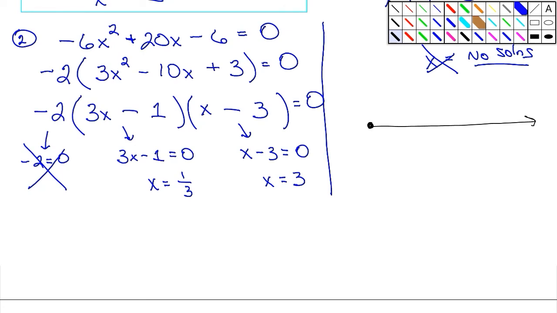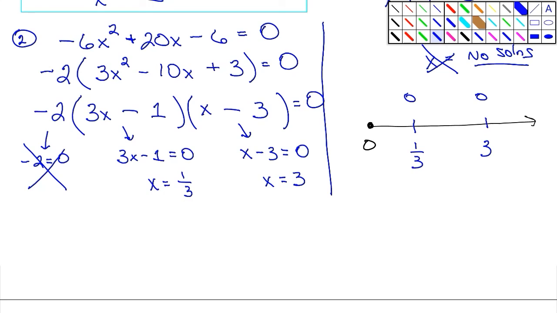And so the concentration of the drug before the drug was administered does not make any sense. And so we start this at x equals 0. The other numbers are perfectly fine, 1/3 and then 3, and these are zeros. But what this does affect is the numbers that you can use to test inside of the function to determine the signs. Because you don't want to use any negatives here because those don't make any sense.